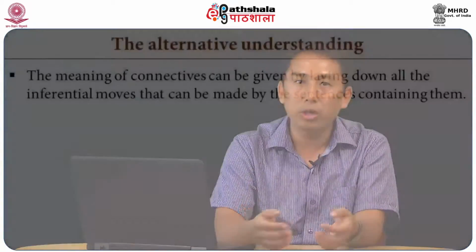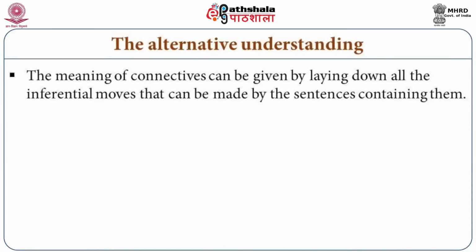In this module, we are going to take another, alternative approach, where we don't want to deal with meanings or semantics. Rather, we want to understand the functions of those truth connectives just by looking at the inferential moves that we can make using those sentences involving connectives.